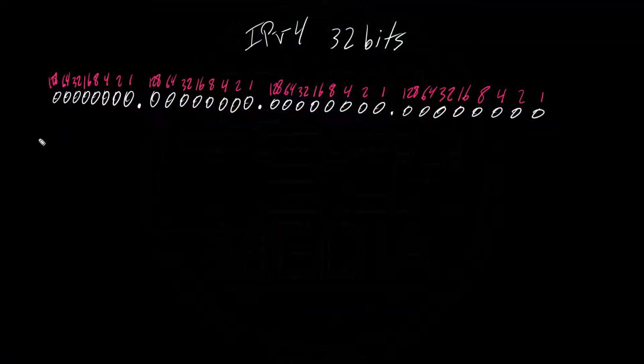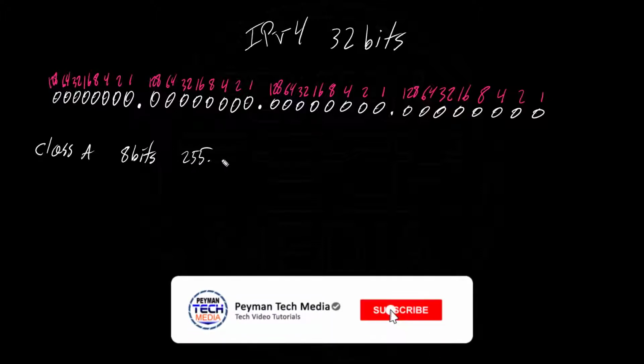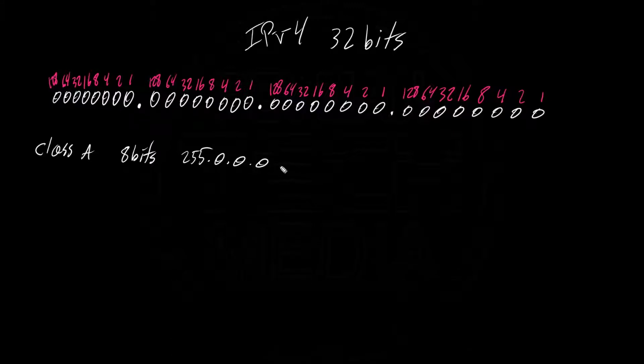Okay, so for class A, we have 8 bits for the network, which gives us the default subnet mask of 255.0.0.0. And for every network, we can have up to 16,777,214 available IP addresses.